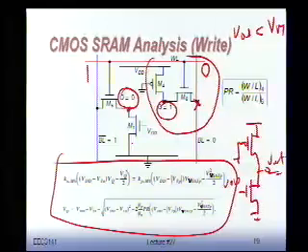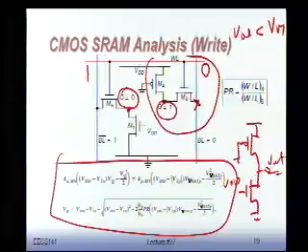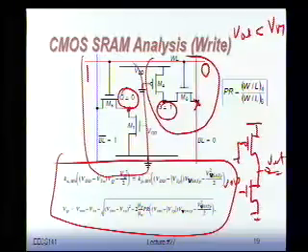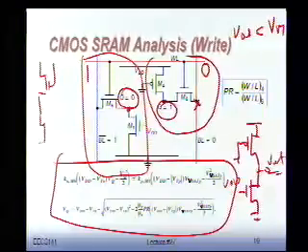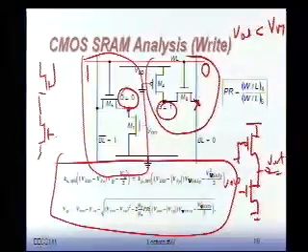Now, those of you who have been watching very carefully at what I just said, say, hey, wait a second. This is not possible. Right? If I look here, look at this structure. Forget about this one here, look at this side. This is the same structure we have analyzed for the read operation. And exactly the same thing. You have the NMOS device in saturated mode, and you have the other NMOS basically pulling down, and we have V out.